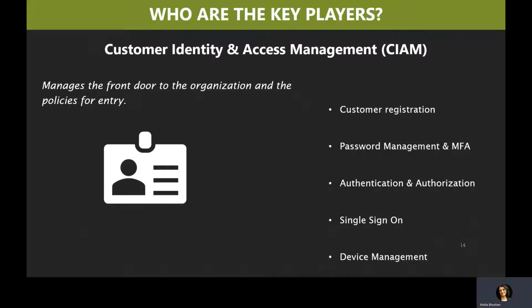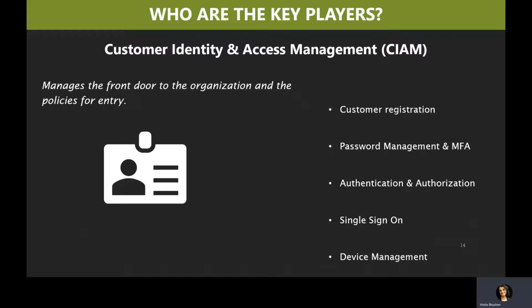So let's talk a little bit about each of them. Let's talk about Customer Identity and Access Management, or CIAM. This is the solution that manages the registration of customers. So new customers come in, they register with your organization, and they may decide to use social login, they may decide to use some other form of federated recognition. It doesn't matter, but there is some information about the customer that they're going to provide you so that your system can then recognize them when they return.